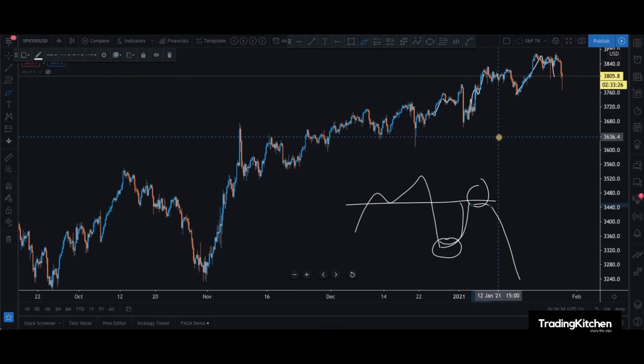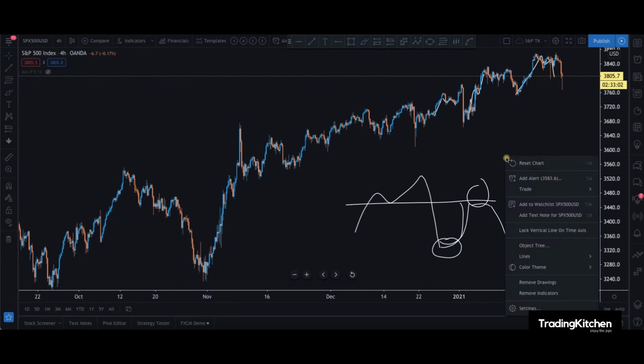This is what price wants to do every time that this kind of graph formation is presented.